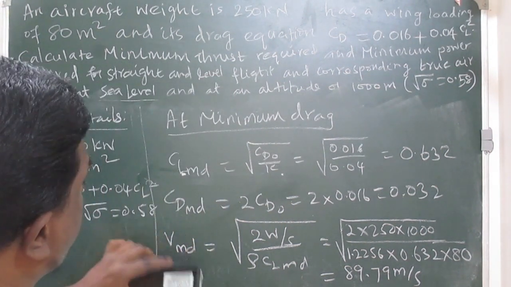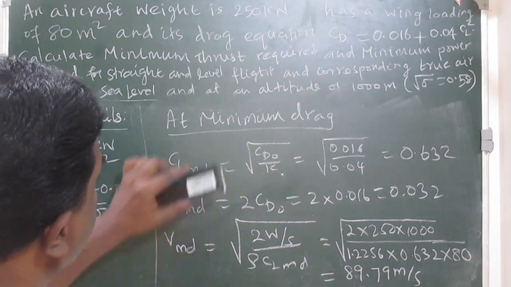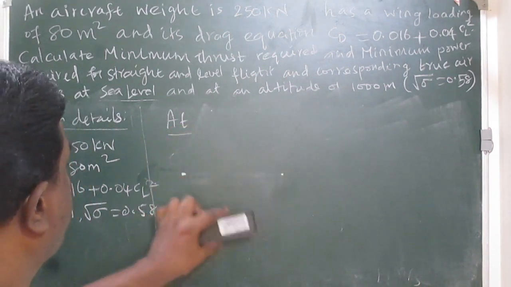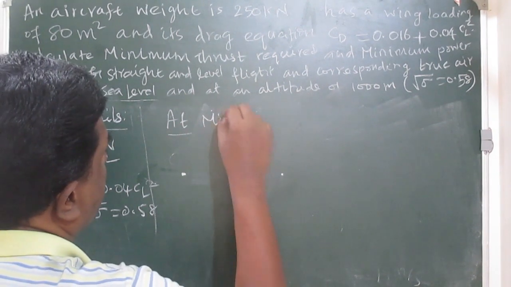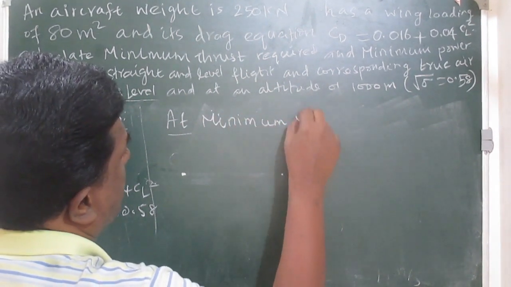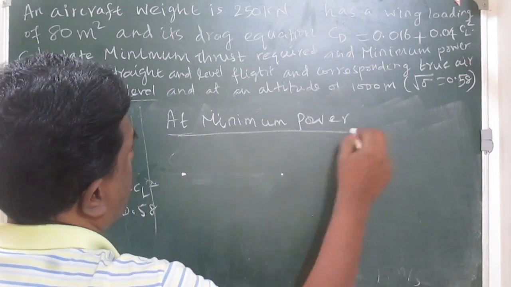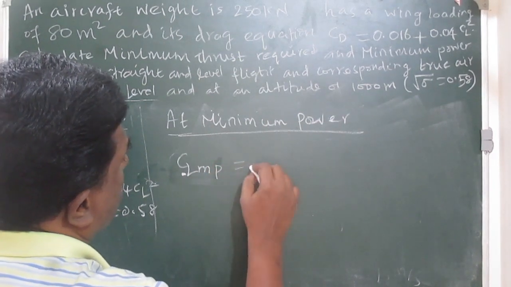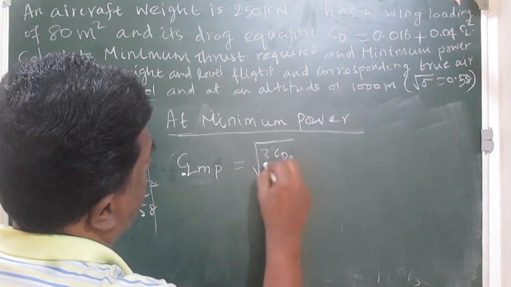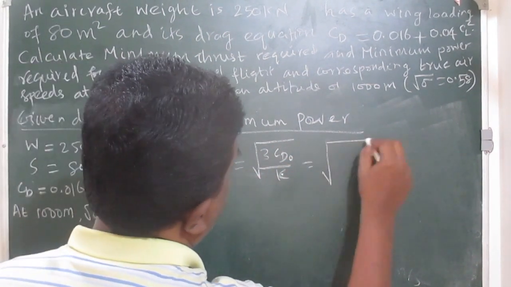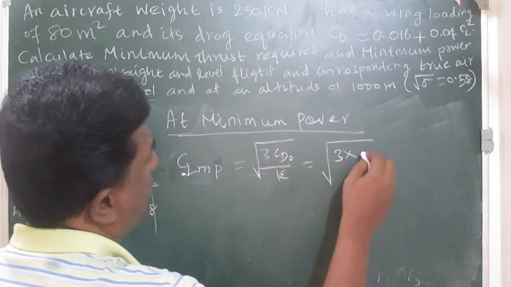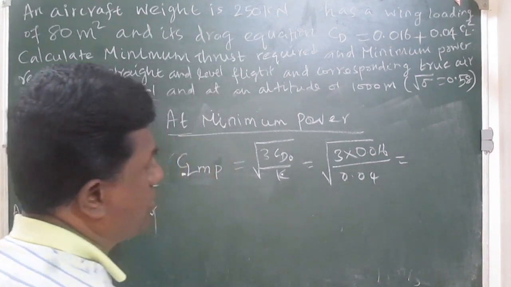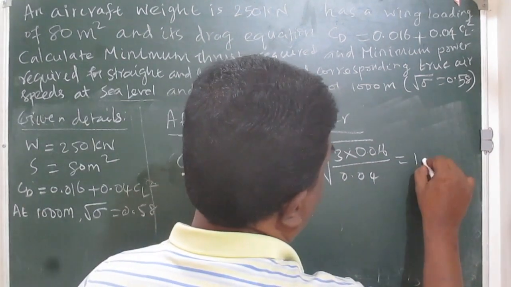Now let us find the values at minimum power. At minimum power, CL minimum power is equal to square root of 3 CD naught by K, that is 3 into 0.016 divided by 0.04, so this value is around 1.095.